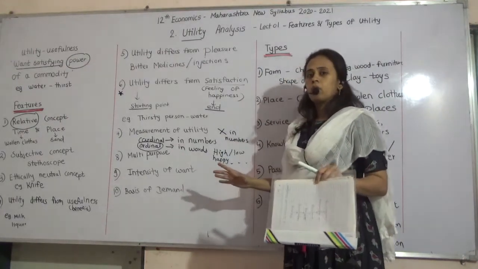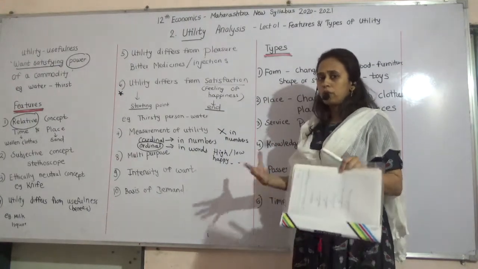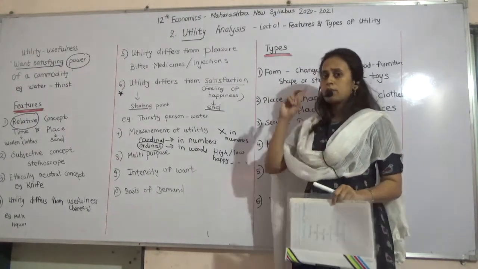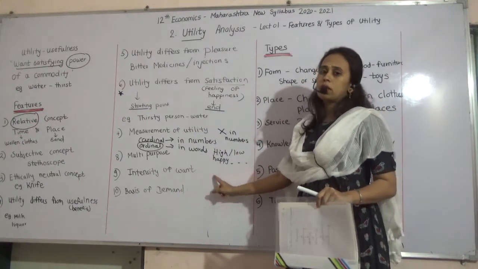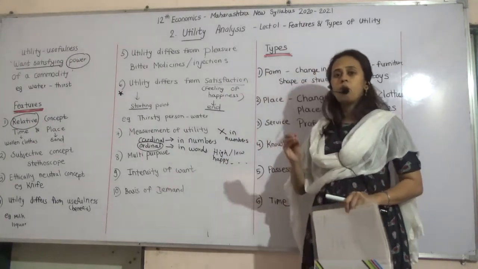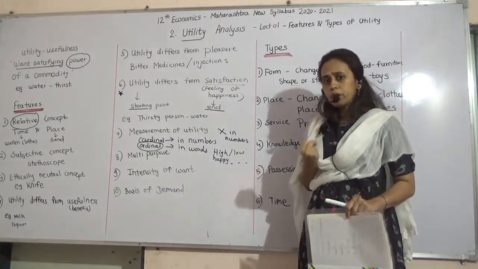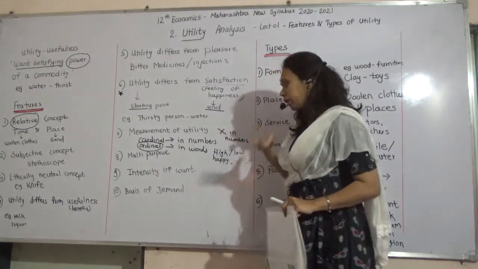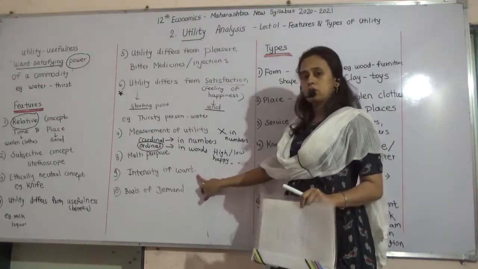But if you have played for a long time and you are very hungry, you are very thirsty, the same glass of water, the same food will give you more satisfaction. So utility depends upon the intensity of want. How much you are intense to drink, how much intense you are to eat the food. On the basis of that, utility changes.